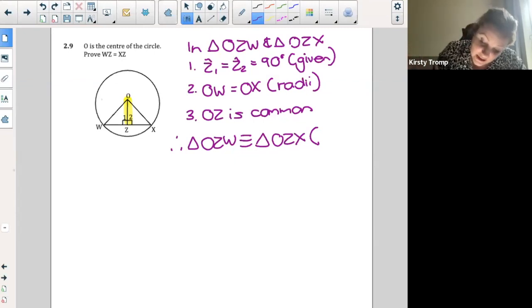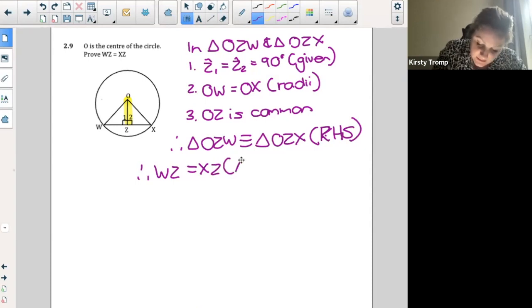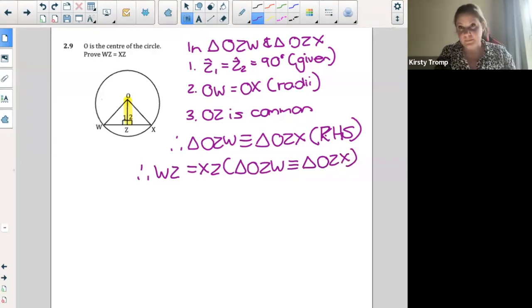And I have another side. So RHS. Therefore, WZ is equal to XZ. Reason: triangle OZW is congruent to triangle OZX.